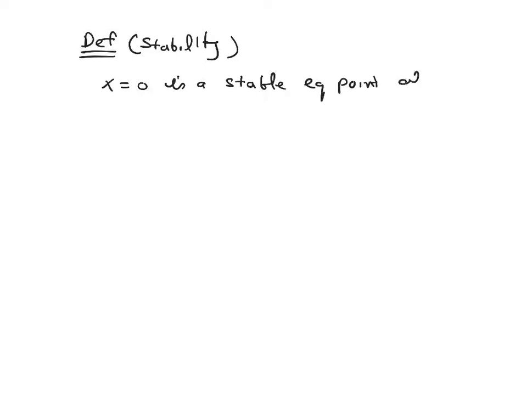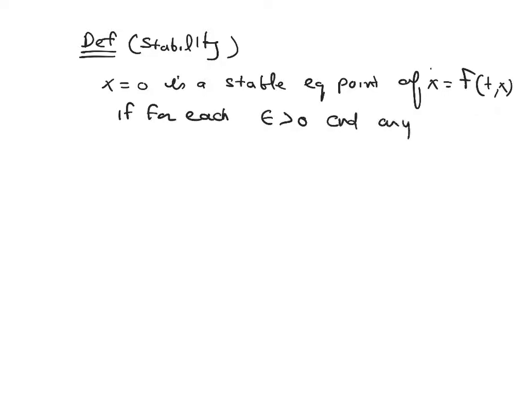So x equals 0 is a stable equilibrium point of x dot equals f(t, x), since from now on our systems will be functions of t comma x, if for each epsilon greater than 0 and any t0.